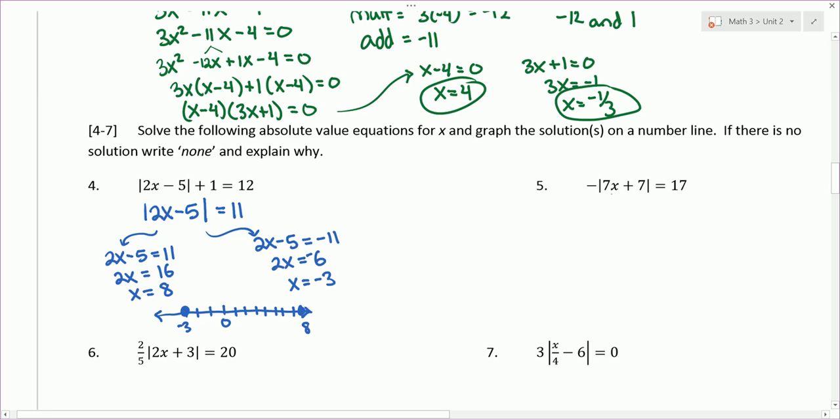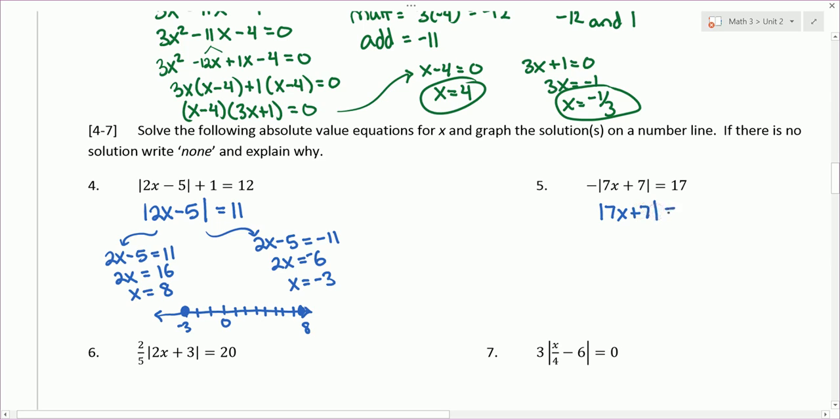Number 5, we want to get the absolute value sign alone on the left side of the equation. So that negative out front we do not want. To get rid of that negative sign, we can multiply both sides of the equation by negative 1. If you multiply the left side by negative 1, it becomes positive absolute value of 7x plus 7.